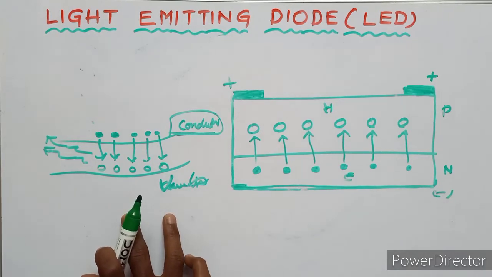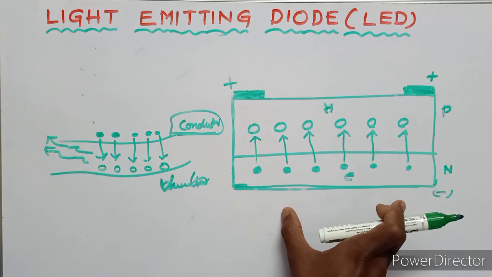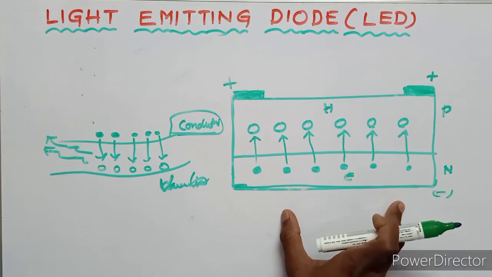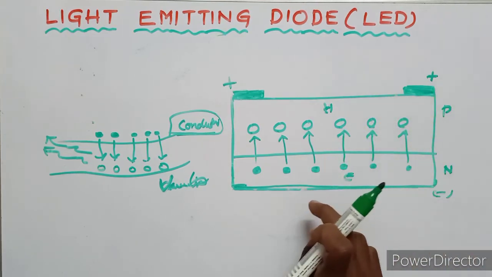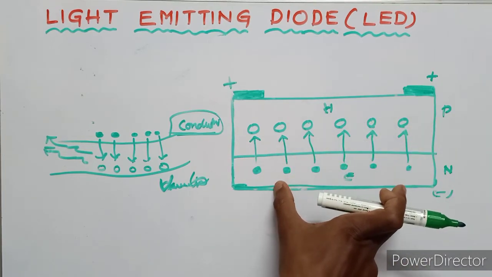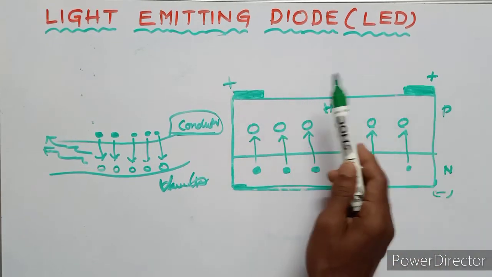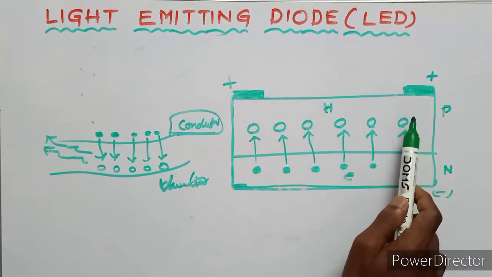So this is the construction of the light emitting diode. At first the n-type layer is grown on a substrate, then the p-type layer is deposited on it. By the process of diffusion, the metal contacts are made at the outer edge of the p layer.